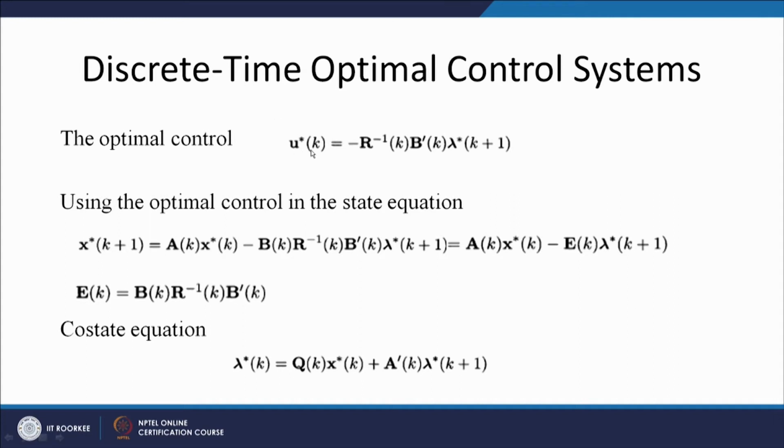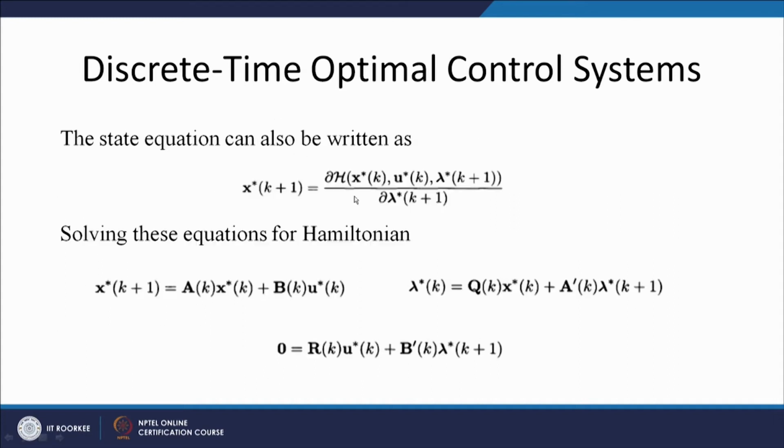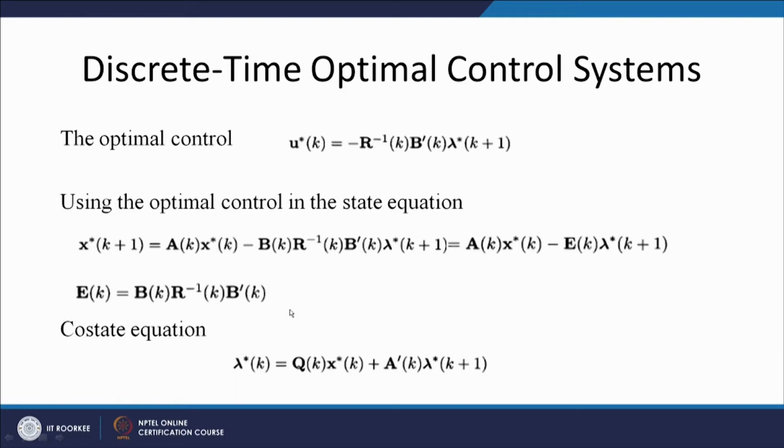If I place this u star k in my state equation, I get x star k plus 1 as A k x k, and in place of u k I write minus R inverse B prime lambda k plus 1. I define B k R inverse B prime k as E, so x star of k plus 1 is A k x k minus E k lambda k plus 1.